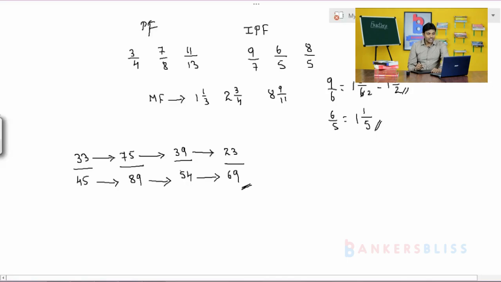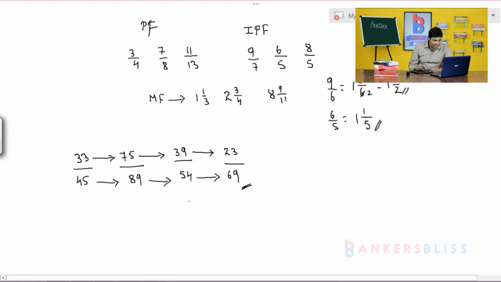If the numerator is decreasing and the denominator is increasing, then remember that the resultant fraction is lesser than the previous fraction.